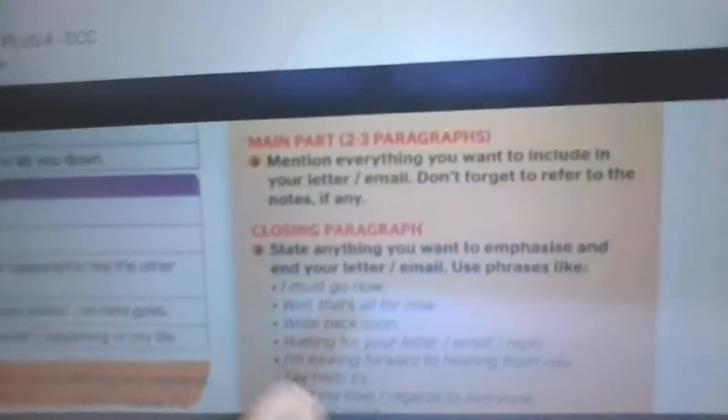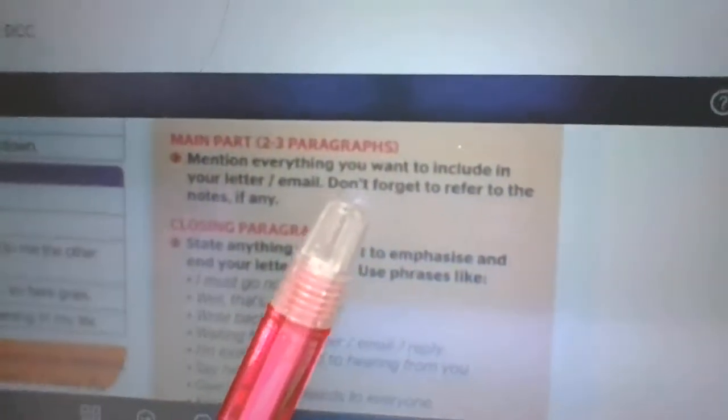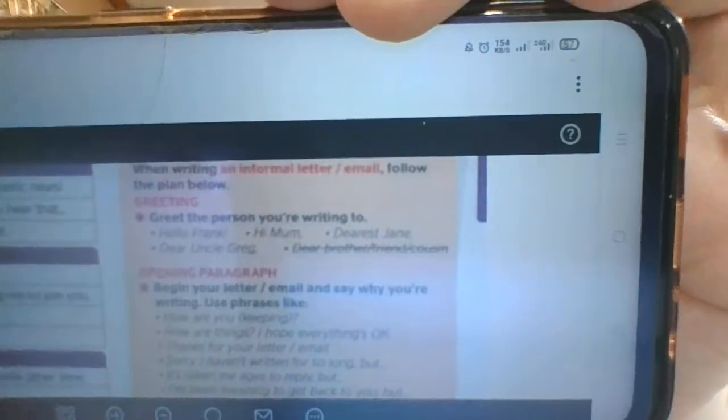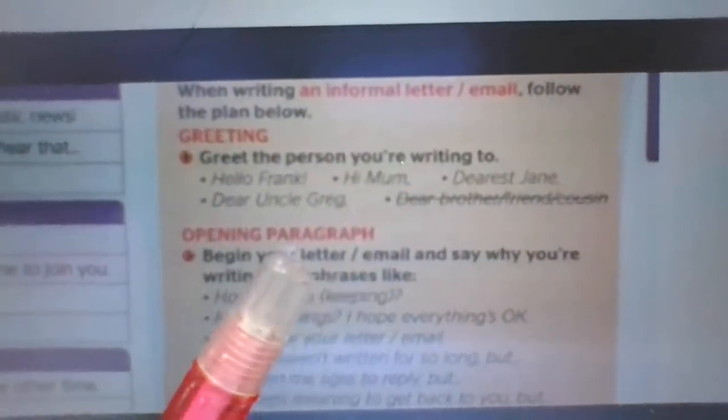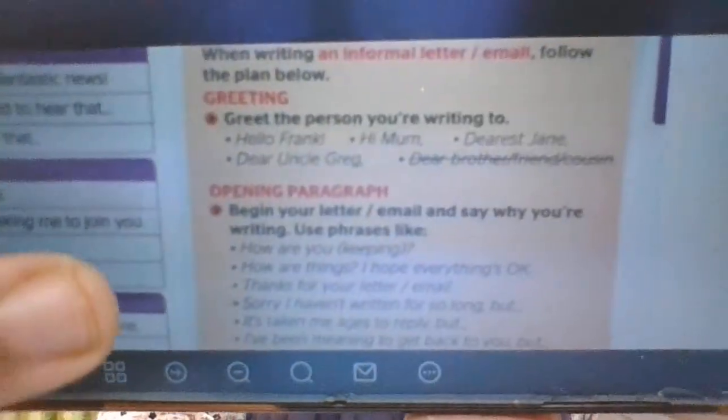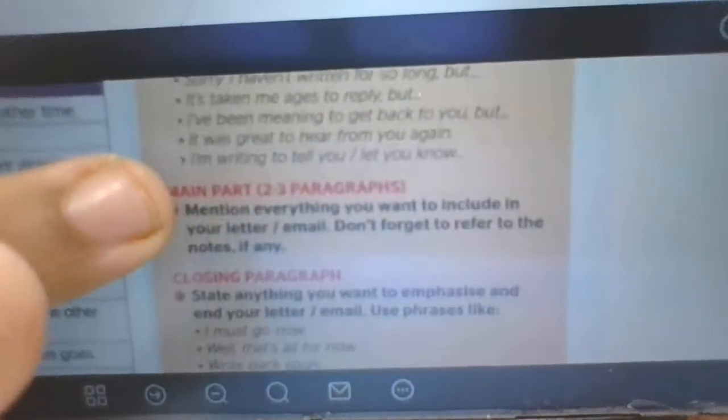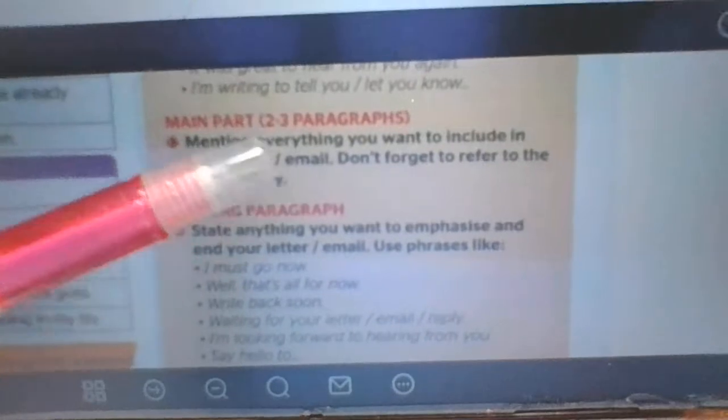This is the main part. 2 to 3 paragraphs. After you had done your greeting, and after you had done your opening paragraph, next is for you to write your main part.